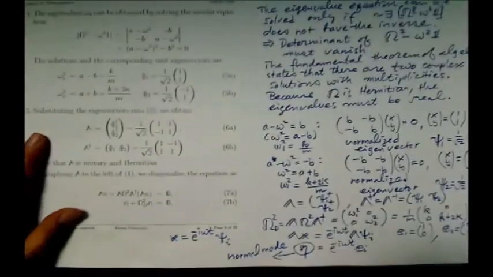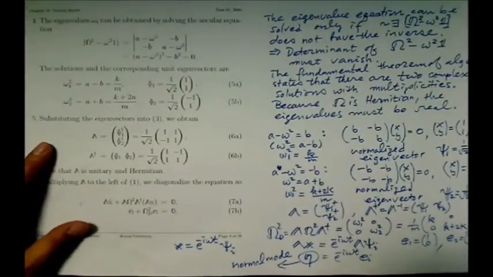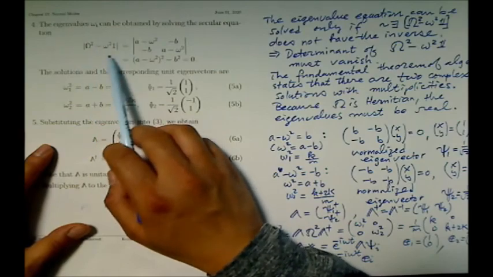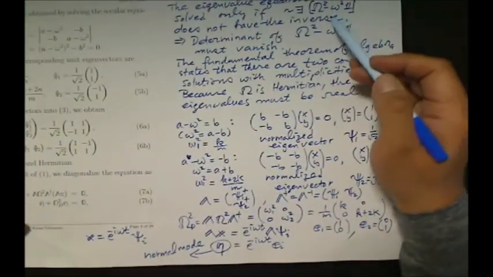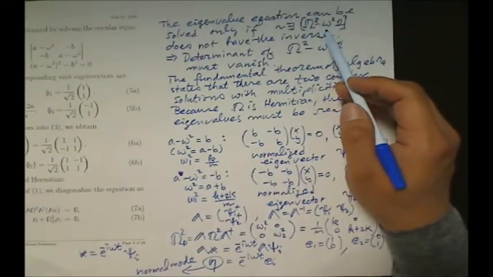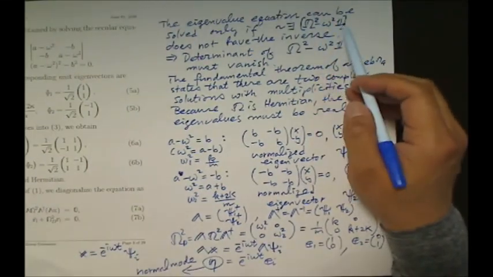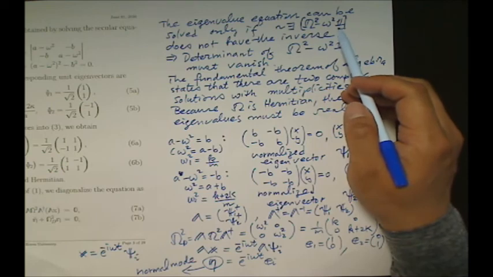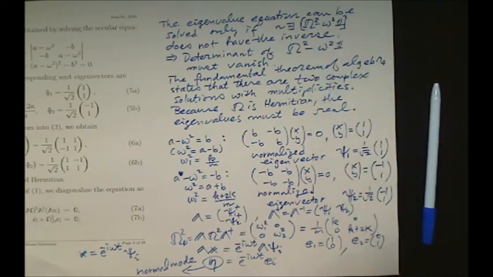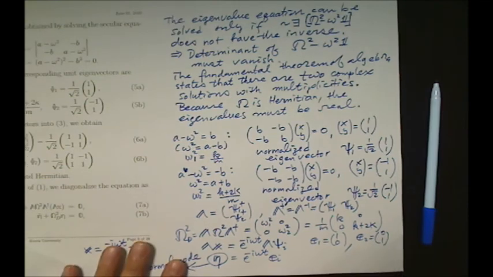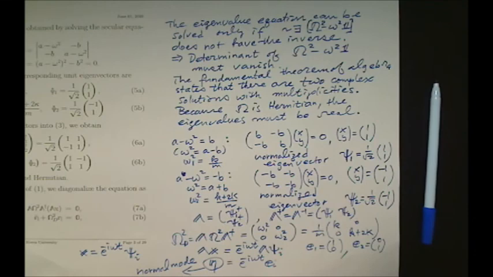That eigenvalue problem can be solved only if this matrix is not invertible. If the matrix is invertible, we can multiply by its inverse to find that psi is exactly zero. We call that kind of answer a trivial solution.